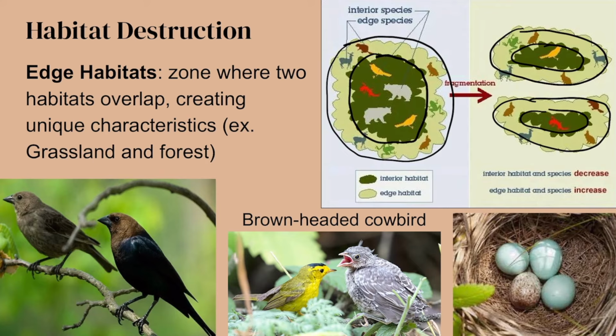It prefers to live in the grassland, but it's interesting because it's actually a nest parasite. And what that means is these brown-headed cowbirds will find nests, and they will go into the forest, lay their eggs in these nests that are already existing, and then leave, and it becomes the responsibility of another species of bird to hatch their chicks.